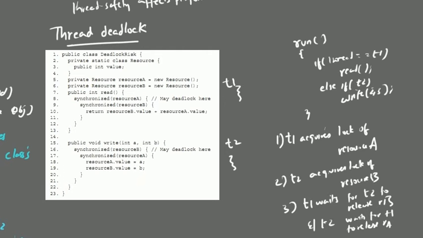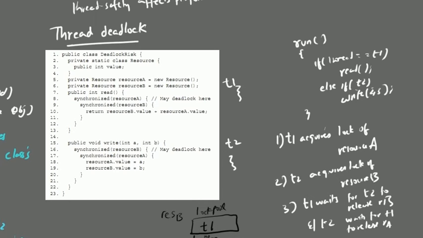So T1 would be blocked on resource B. Resource B has a lock pool, and T1 would be waiting in that, and resource A has a lock pool, and T2 would be waiting in that forever.